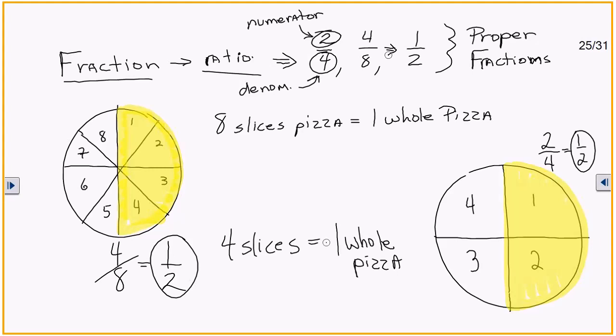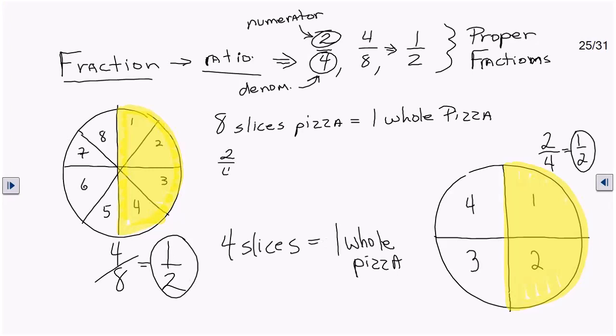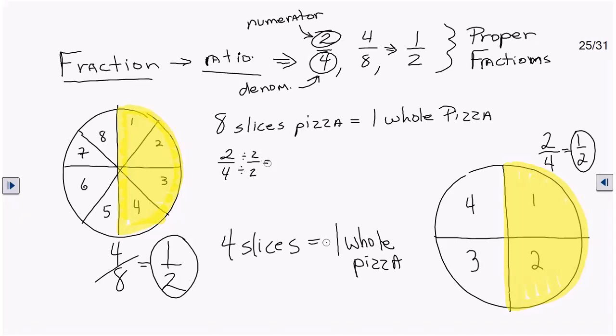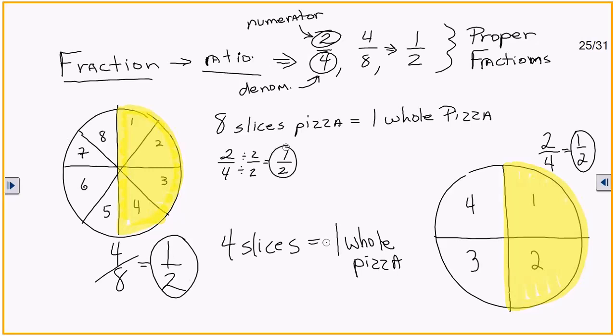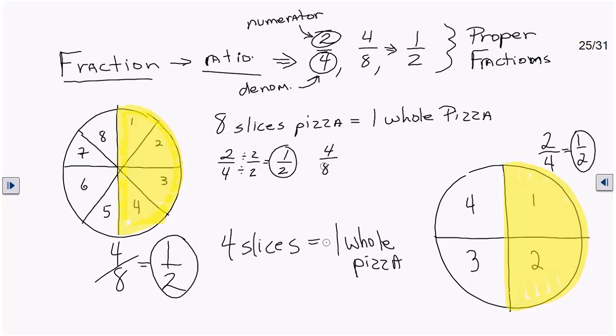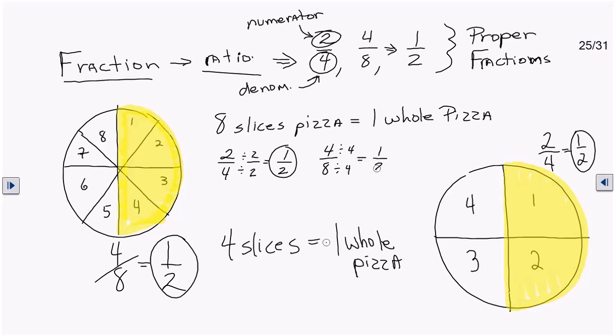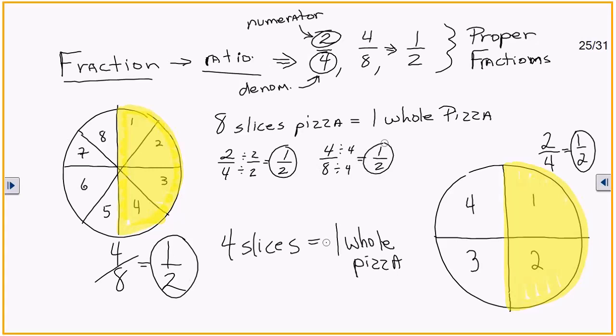So basically I took 2 over 4 and divided by 2 over 2, which is a factor of 1, and I got 1 over 2. Same thing with the other one. 4 over 8, I divided by 4 on top and 4 on the bottom, which is 1. 4 over 4 is 1, and that equals 1 over 2. So I simplified both fractions, and I got 1/2.